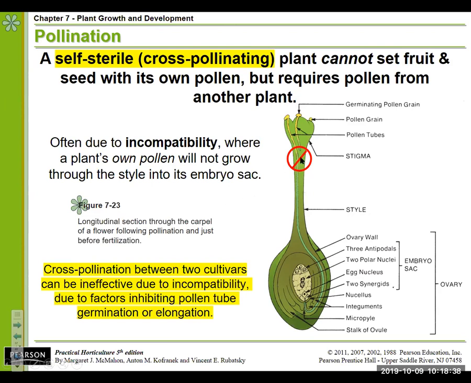And usually those factors inhibit the pollen tube actually elongating and reaching the ovules. So the pollen tube is kind of a reaction of the plant from the pollen grain landing on the stigma and then going down through the style to the ovules.